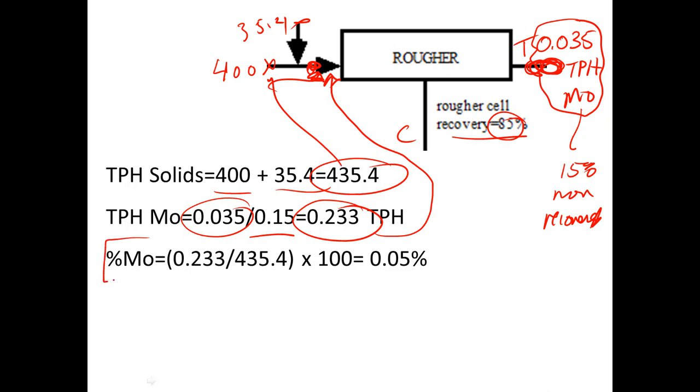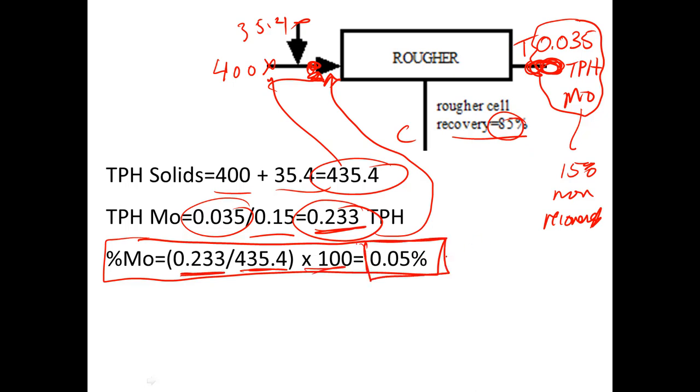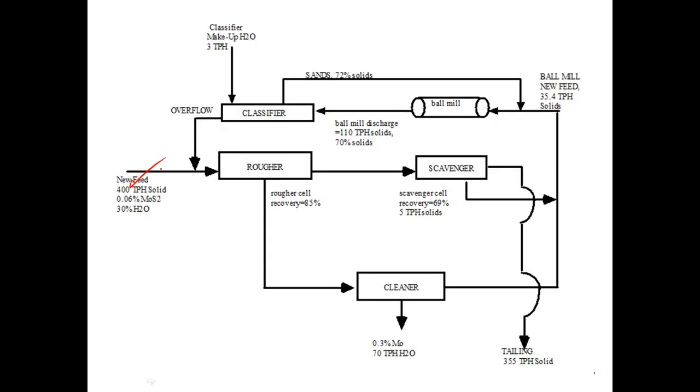We can get a grade of molybdenum by taking that weight of molybdenum divided by the total solids times 100, giving me a combined feed grade into the rougher of 0.05% molybdenum. So we're doing pretty well. Just checking off the streams that we've characterized.